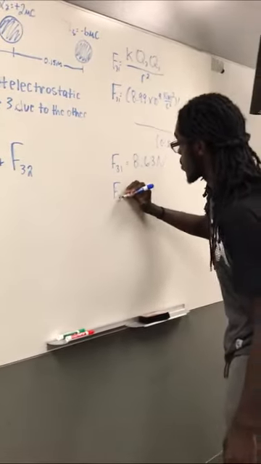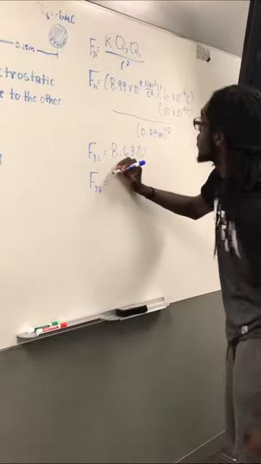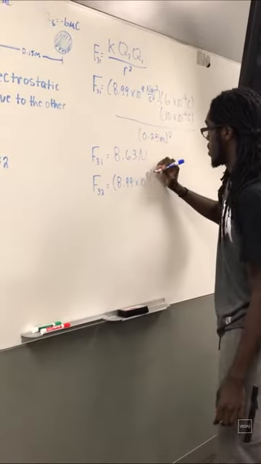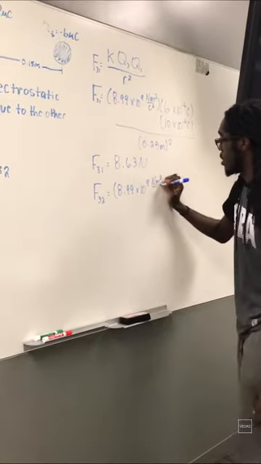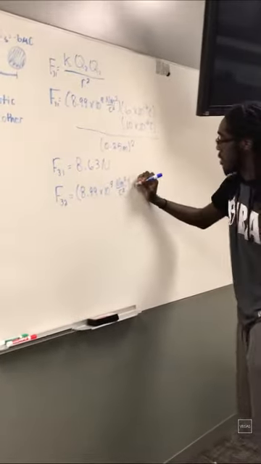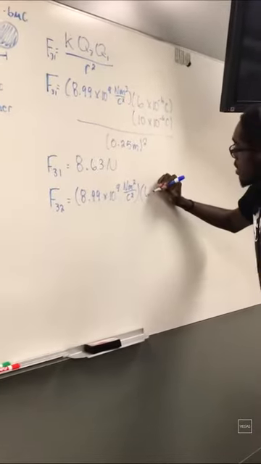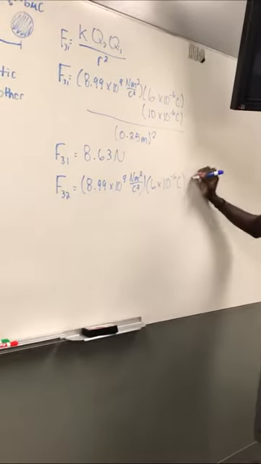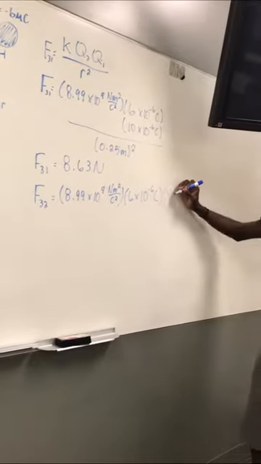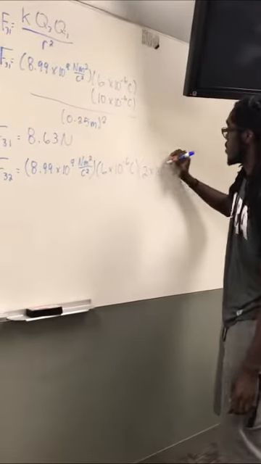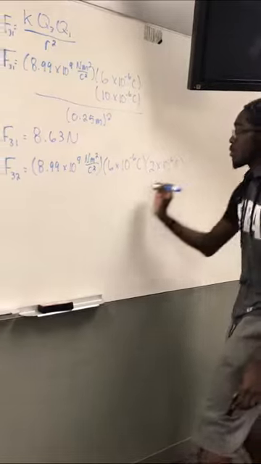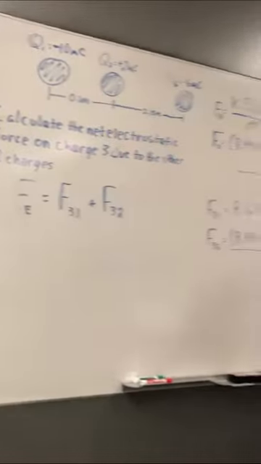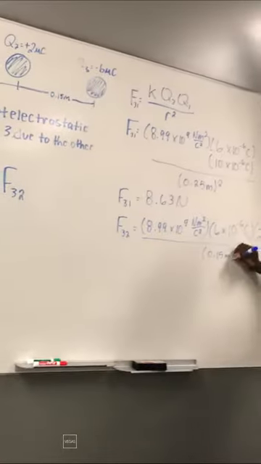So the force of 3 due to 2 is equal to 8.99 times 10 to the 9 newton meters squared per coulomb squared, times charge 3, which is 6 times 10 to the negative 6 coulombs, and charge 2, 2 times 10 to the negative 6 coulombs, over the distance between charge 3 and charge 2, 0.15 meters, squared.